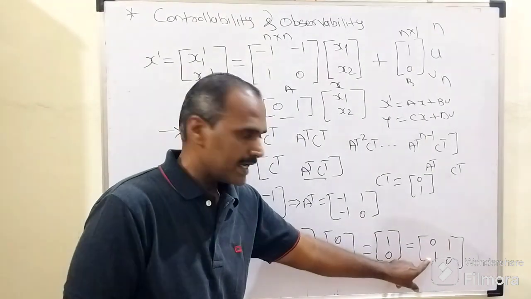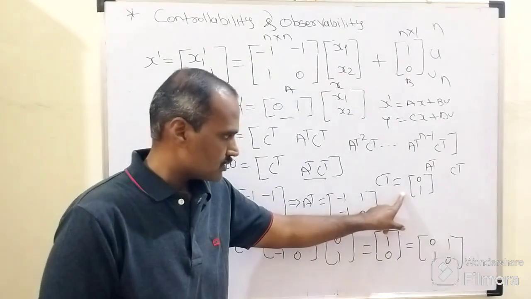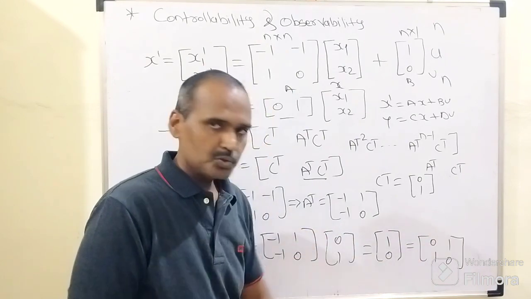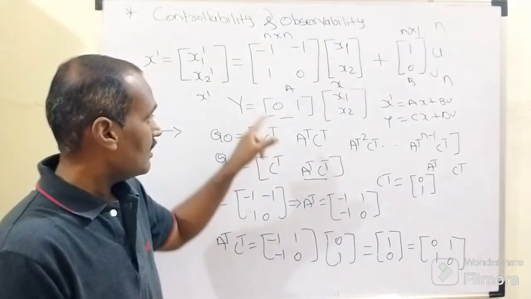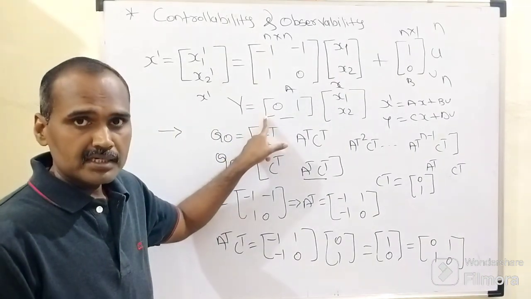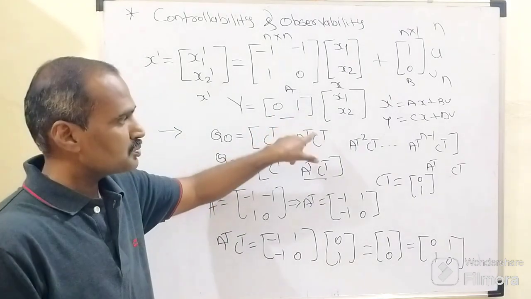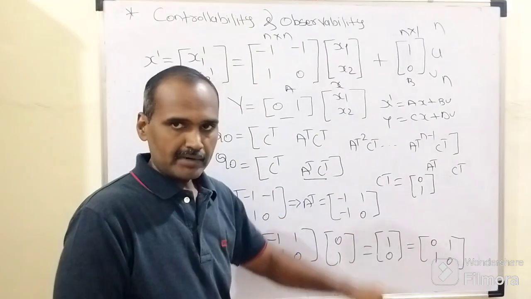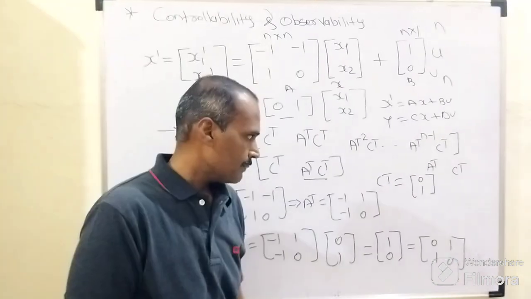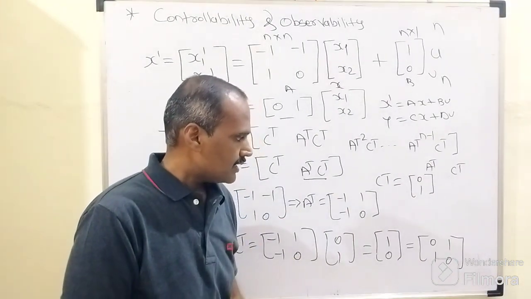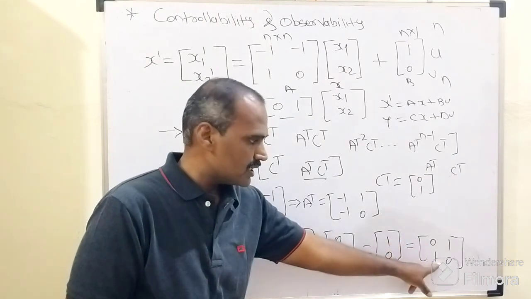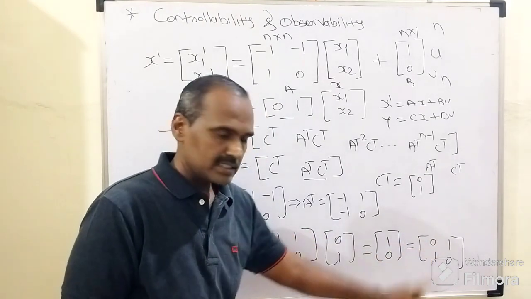The first column indicates the elements of this C transpose, which equals 0 and 1. How are these elements declared? From the given state equation, C equals 0 and 1. So its transpose will become 0 and 1. This row will get converted into one single column, right? Then one more time we need to determine the modulus of this existing term.